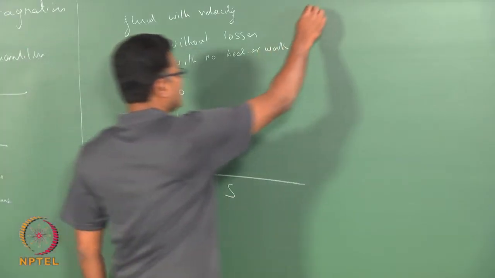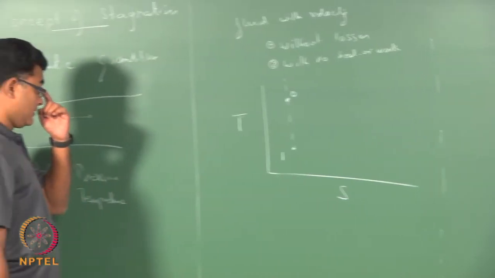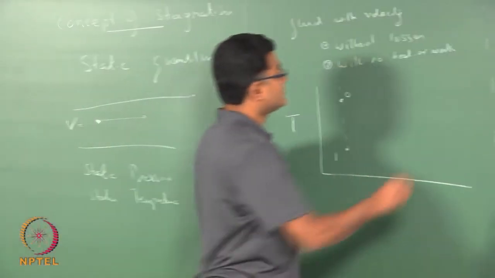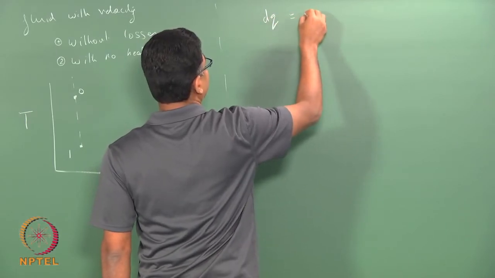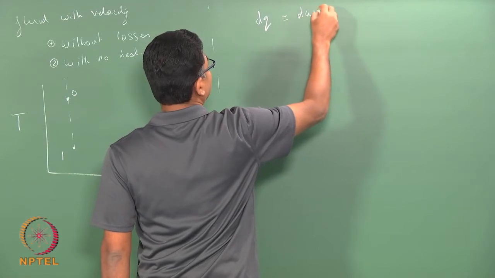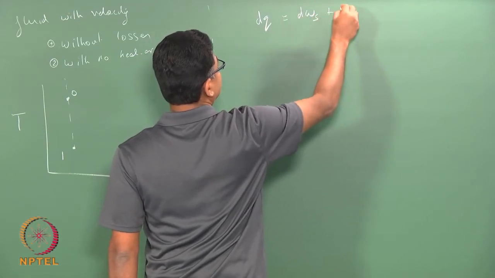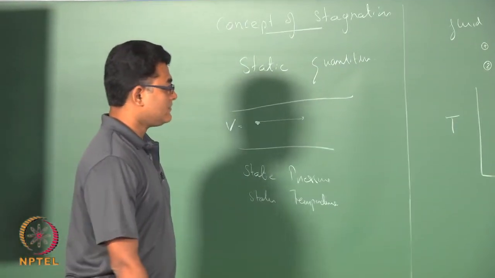Let us go back to the equation and see how it behaves. We have delta q equals dw_s plus dh.